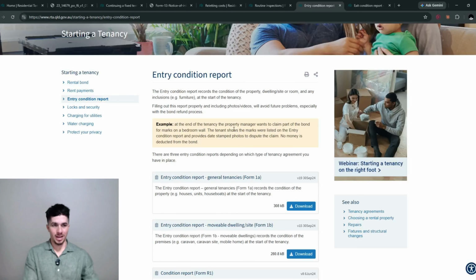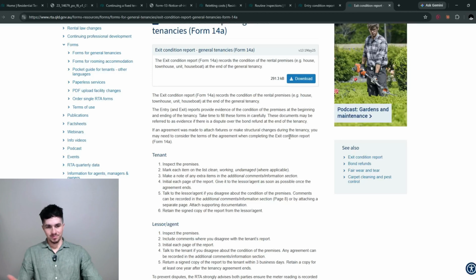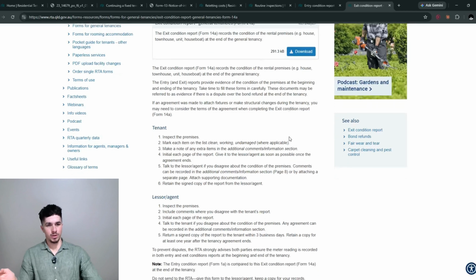Going off from that is the exit condition report. This is what is completed when the tenant vacates. I have not seen tenants return a filled out exit condition report because sometimes their version of clean is different to our version of clean.